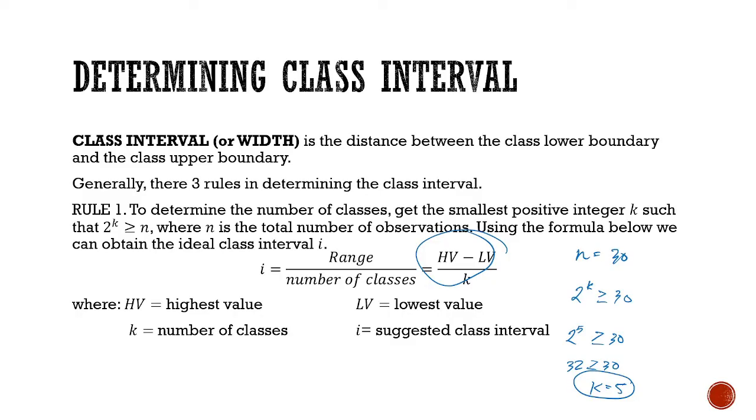Rule number 2 is missing here. I don't know what happened. But in any case, for rule number 2, you just need your n, wherein the class interval will be, I think, k equals 1 plus 3.322 log n. Wait a second, guys, let me check.